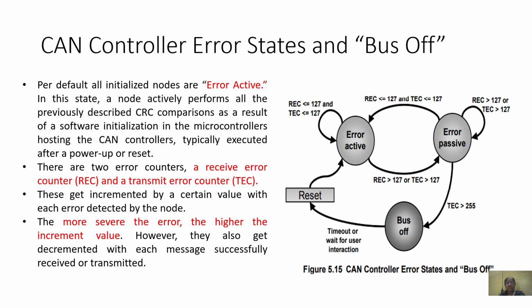As a result of software initialization in the microcontroller hosting the CAN controller, there are two error counters, a receive error counter and a transmit error counter. These get incremented by a certain value with each error detected by the node. The more severe the error, the higher the increment value. In case of successful transmission, the value is reduced.